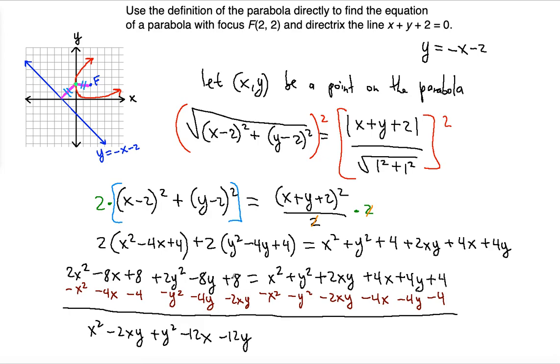And then let's see, we get 16 minus 4, which is 12, is equal to 0. So this is your equation of a parabola with the given focus (2, 2) and the directrix, the line x plus y plus 2 equals 0, right? So whatever parabola you see here, even though it's not drawn to scale, the equation of this parabola is exactly what you see here.